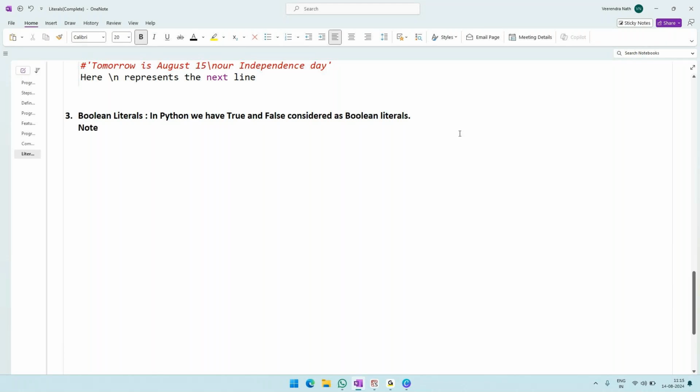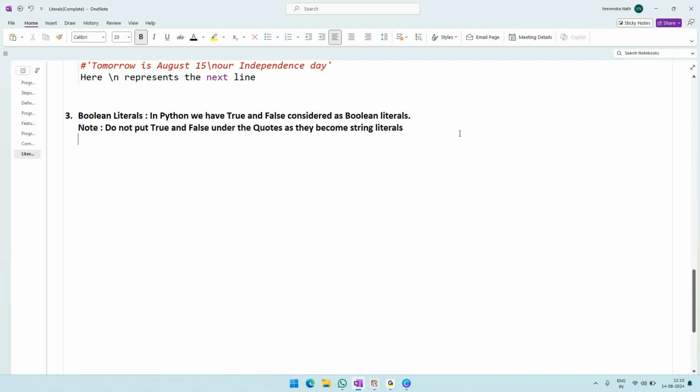Note: do not put true and false under the quotes, as they become string literals. Put them without any quotes.